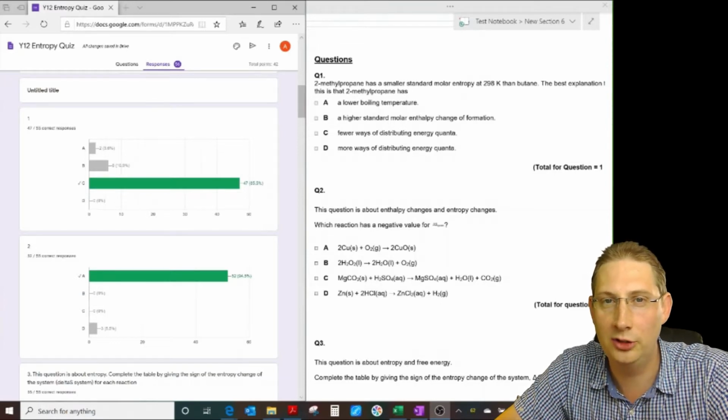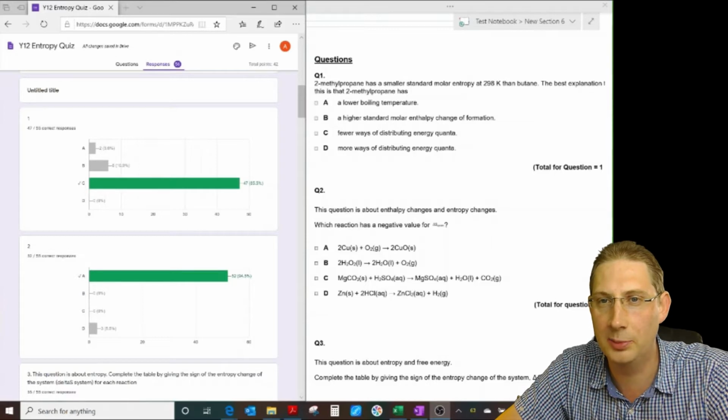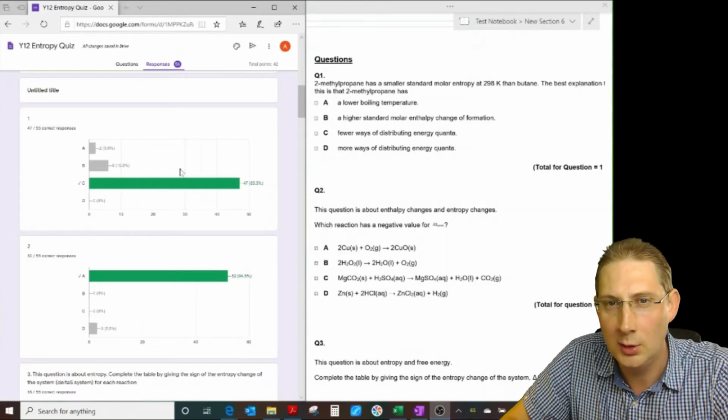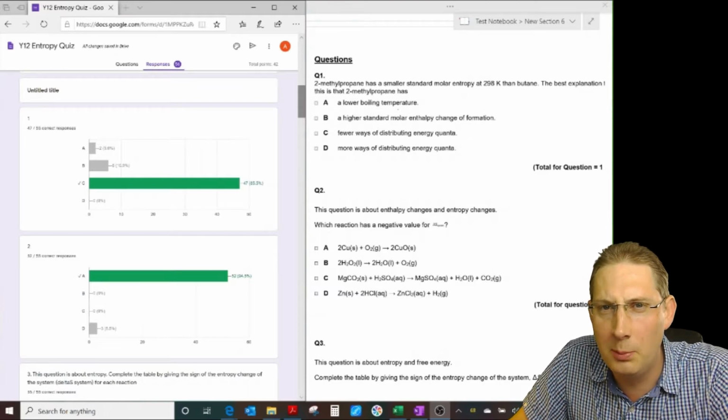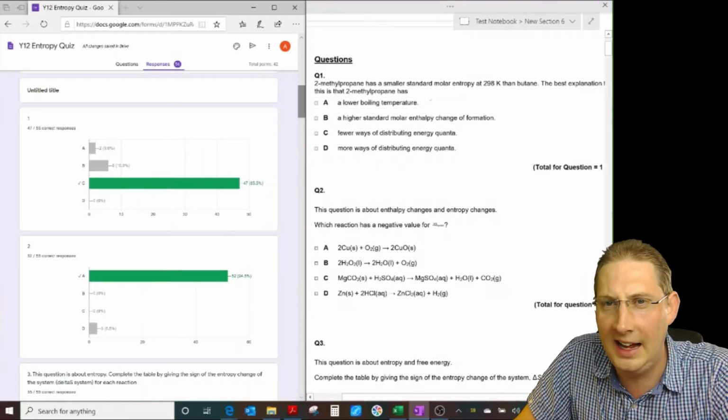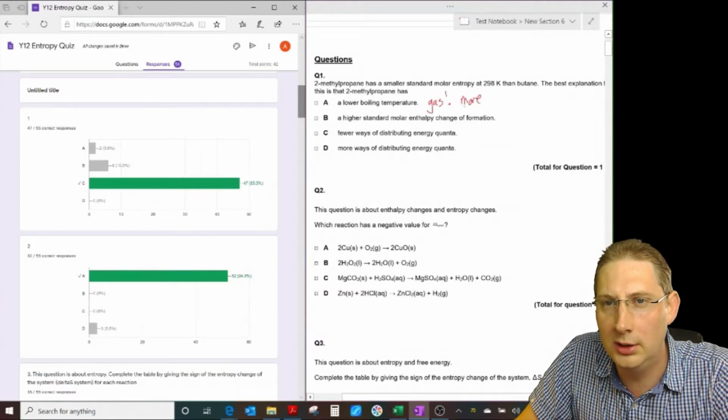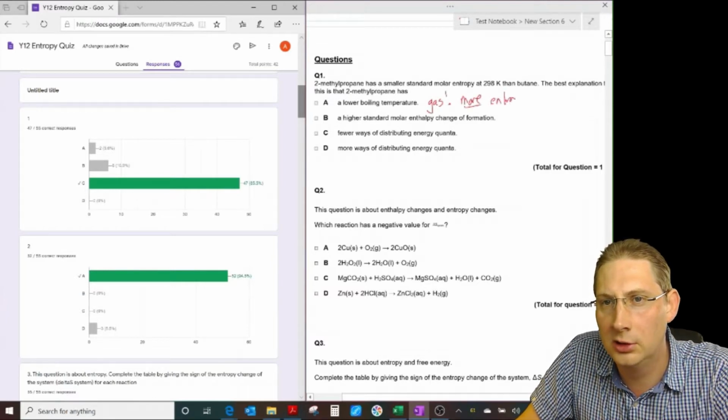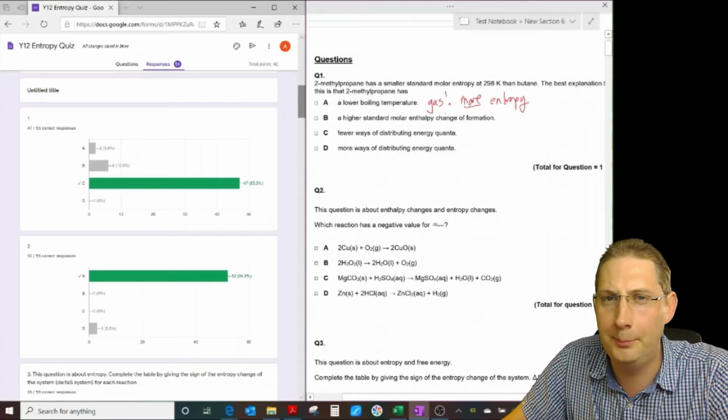It'll be quite brief, but hopefully you will see what's going on here. So question 1, 2-methylpropane has a smaller standard molar entropy at 298K than butane. What's the best explanation? Well, if methylpropane had a lower boiling temperature, it would be more likely to be a gas, and therefore it would have more entropy. So it certainly isn't that one.